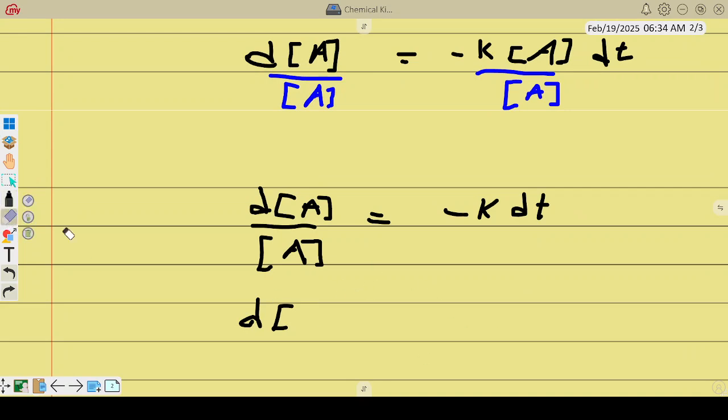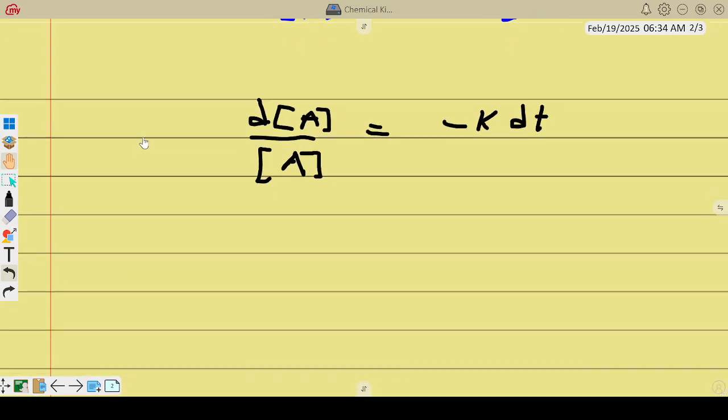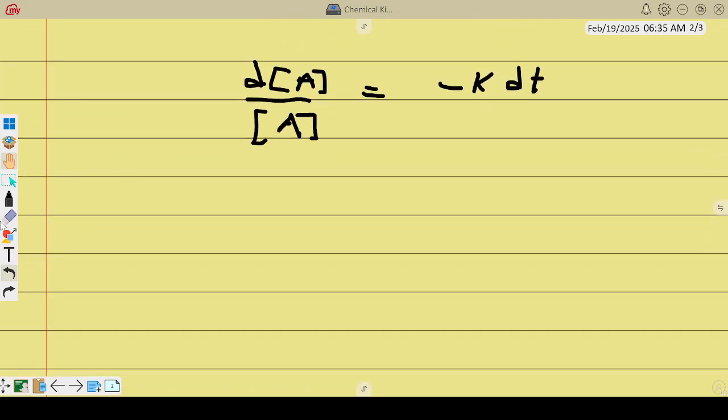At this point, since we have these things on one side now, this is the part where we apply integration. This is where the name comes from, integrated rate law.